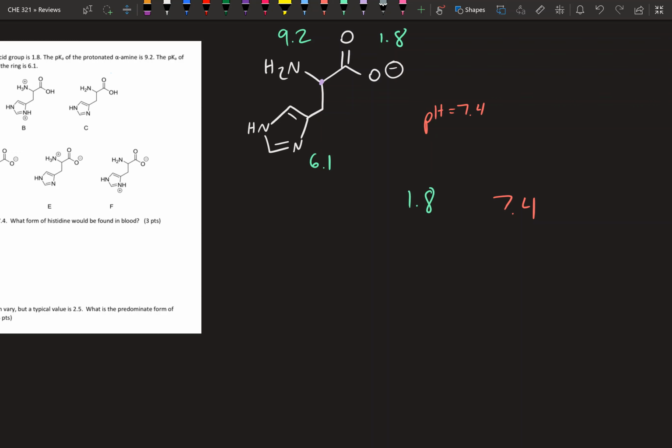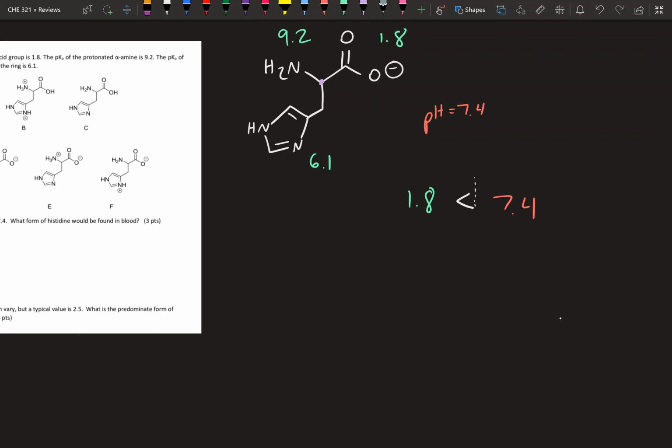Once you have them written on the left and right, in the middle you're going to write which one is greater. And so our pH of 7.4 is greater than that 1.8. Okay? And so because it's greater, it's going to be deprotonated.